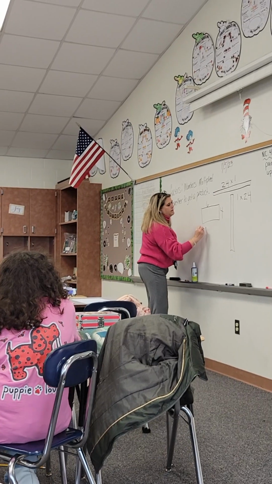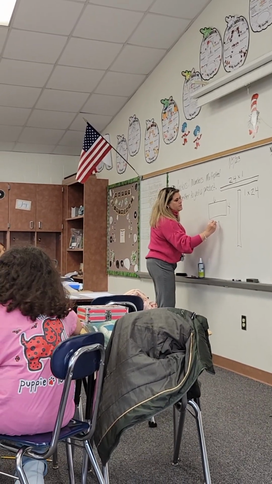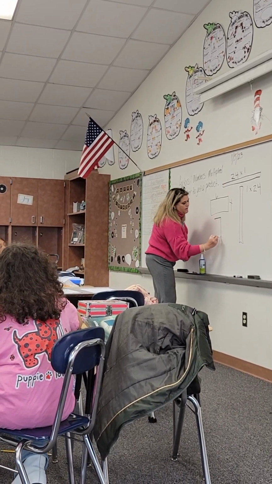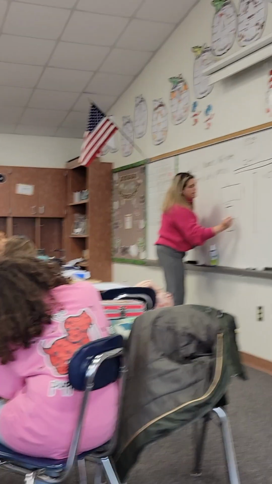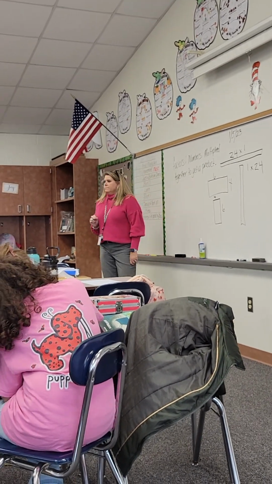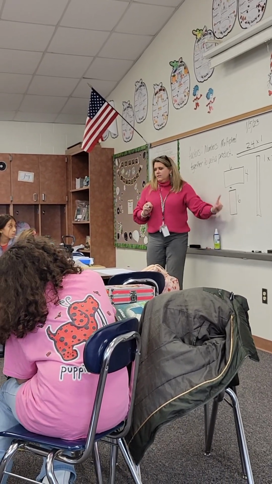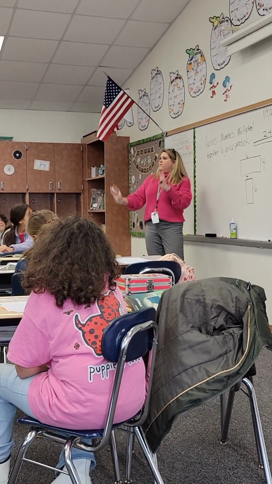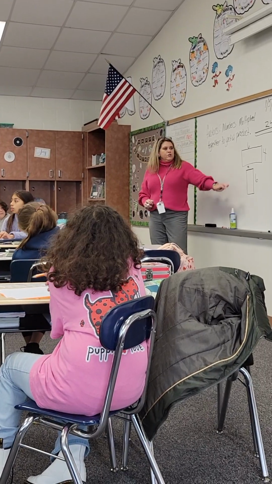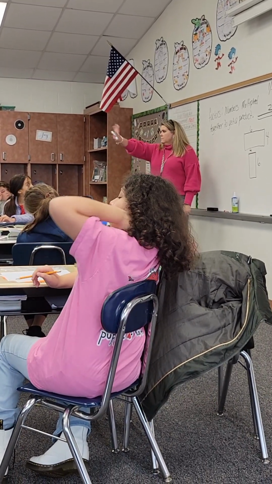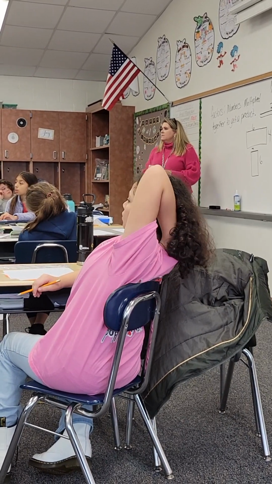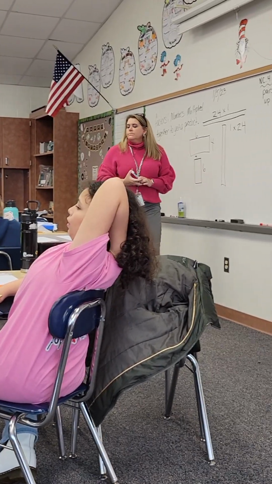Or it could have been this way, which would have been 4 and 6. See how the shorter side is just switching it up. This is your array, formed like an array. Everybody see the difference?